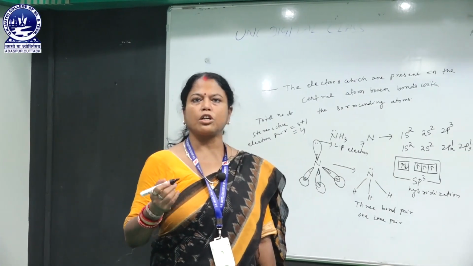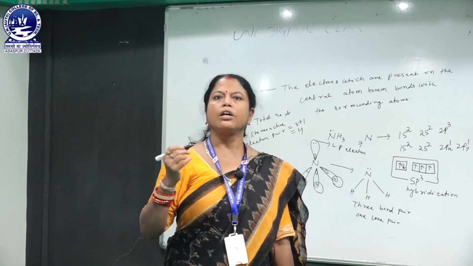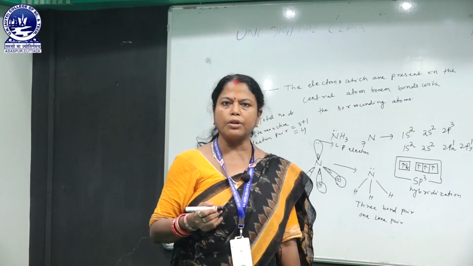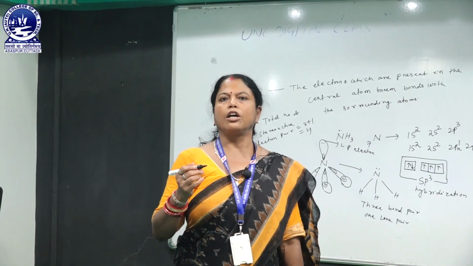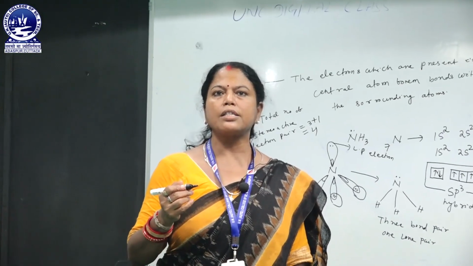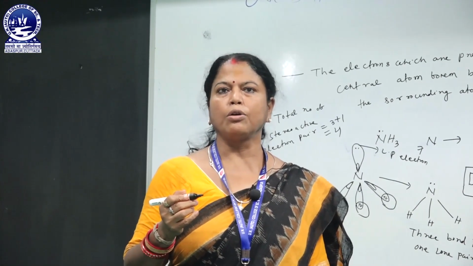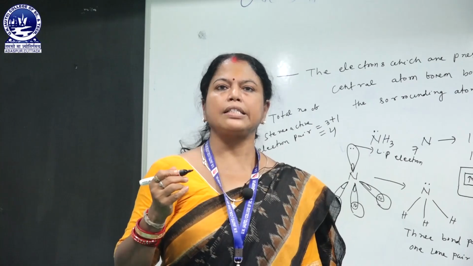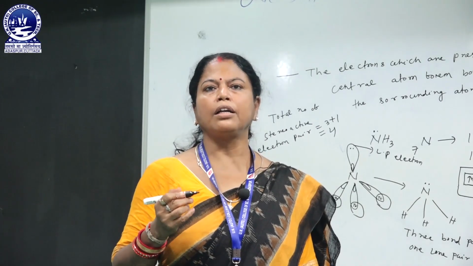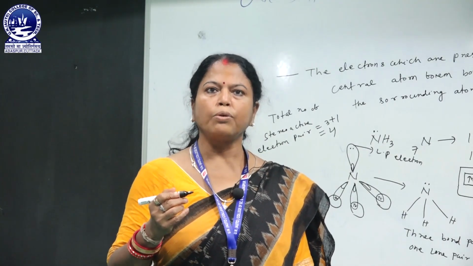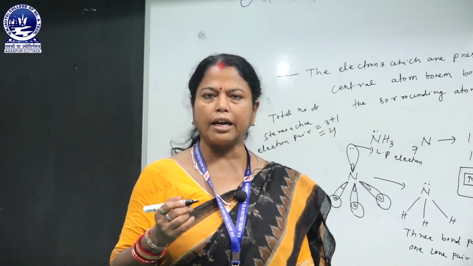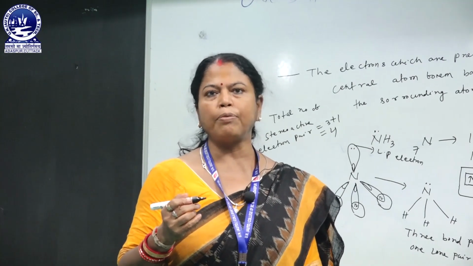Then what is the structure of the ammonia molecule? On the basis of VSEPR theory, we know the order of repulsion is as follows: lone pair-lone pair repulsion is greater than lone pair-bond pair repulsion, which in turn is greater than bond pair-bond pair repulsion.